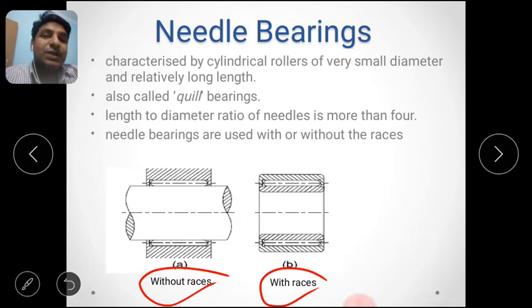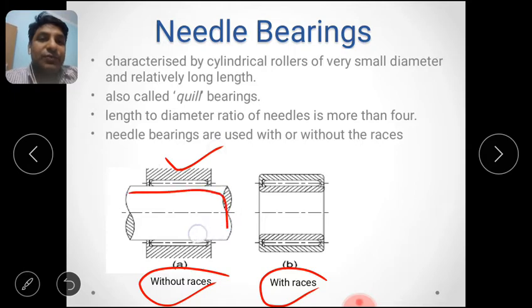In the case without race, this is the support portion, and this is the shaft portion, which has to be held in this support and has to rotate inside it. In between shaft and support there is a needle. This is the way to reduce friction, and it works like a bearing.